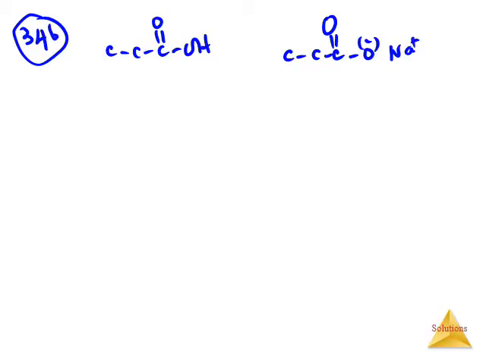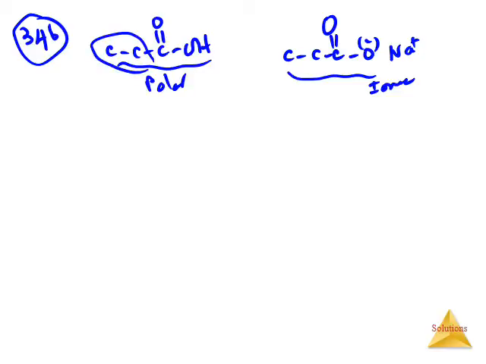So let's identify what kind of compound you have. This is ionic, and this one is polar. It can also give hydrogen bonding, but the only thing is it has these 2 carbons which are a nonpolar alkyl group. So it has a polar end, but also a nonpolar alkyl group.